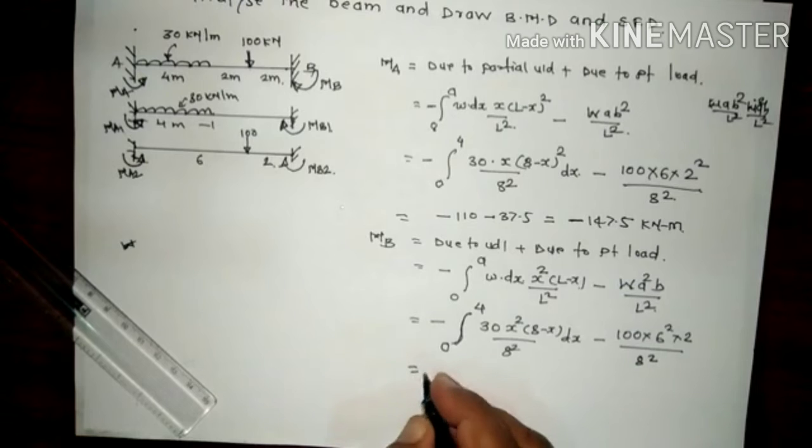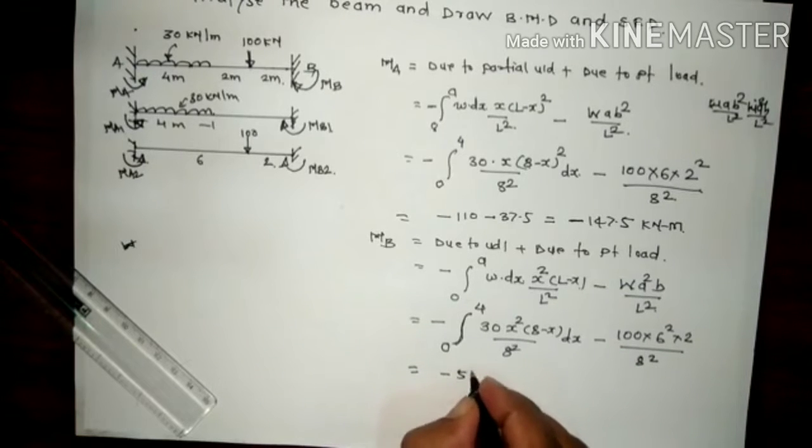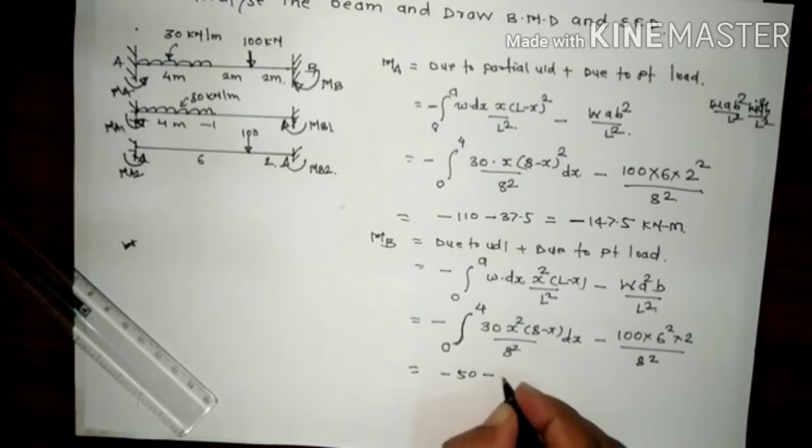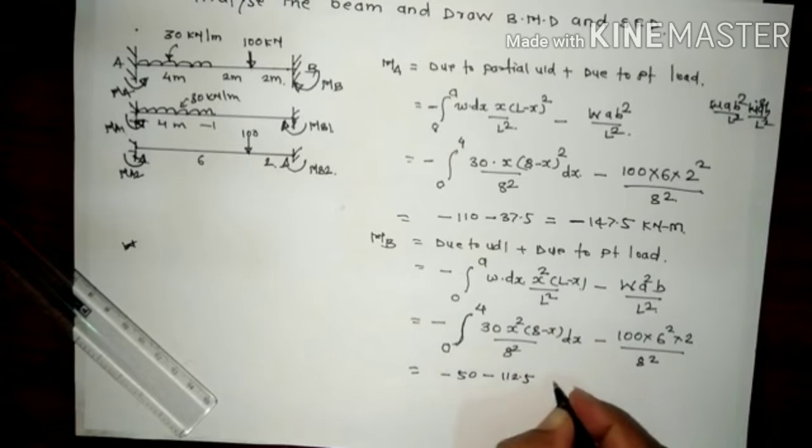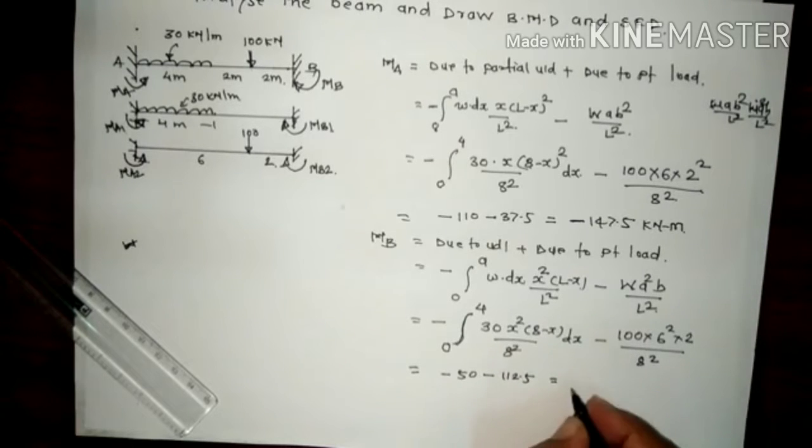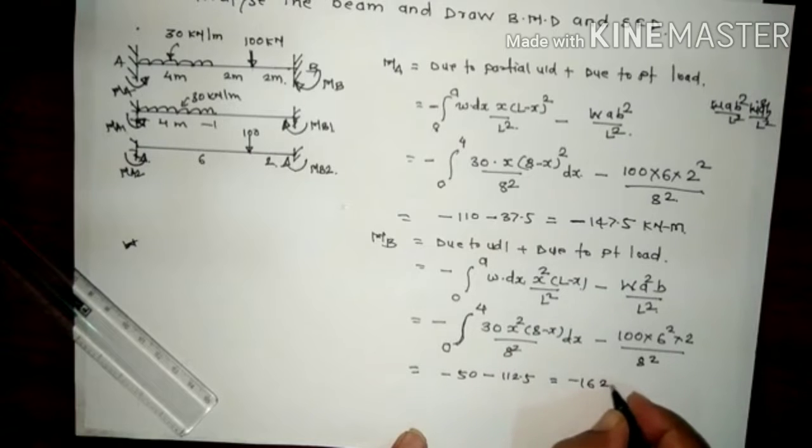So this total becomes minus 50 and this becomes minus 112.5, so this becomes total minus 162.5.